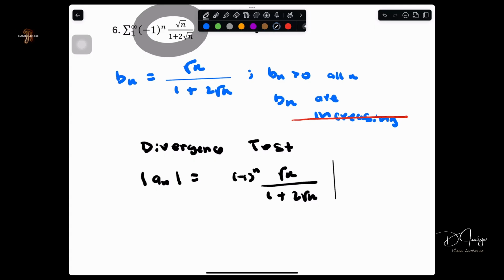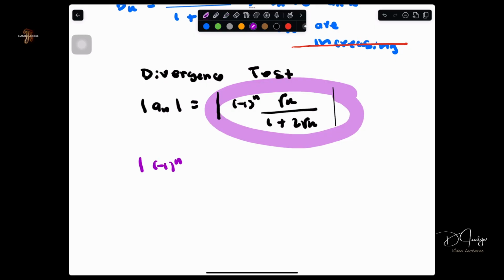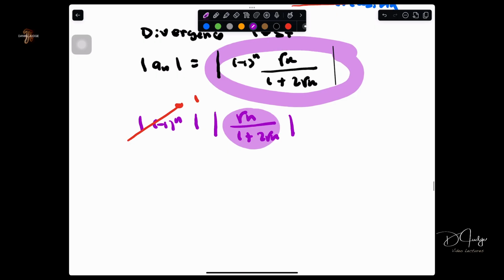All right. So we're going to use some algebra here with absolute values. Absolute value of a product is the product of absolute values. This is 1. All the terms inside are positive because n is natural numbers. So what we're seeing here is simply that the absolute value of a_n is the square root of n over 1 plus 2 square root of n.